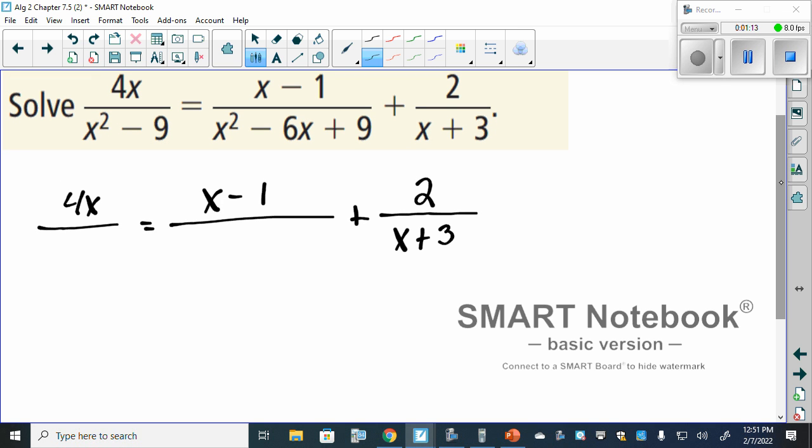But the x squared minus 9 is factorable, and it would be x plus 3 and x minus 3, because x squared minus 9 is the difference of perfect squares.